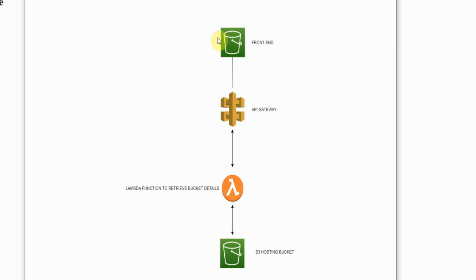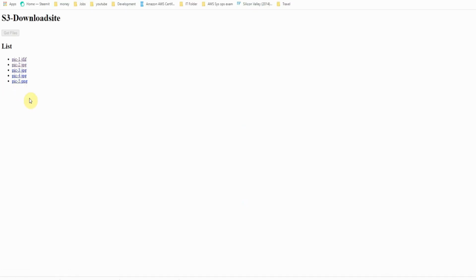The front end has some JavaScript, which will take the list provided from the API gateway and create this list here with the links to allow you to download them. So the next part of this, which I'm going to show you, is the code for the front end.